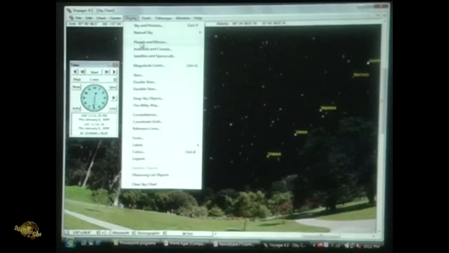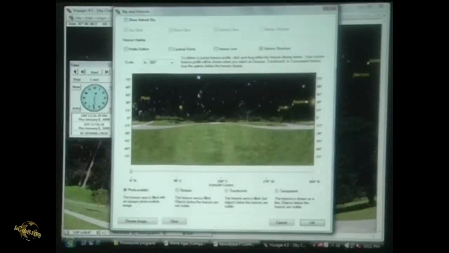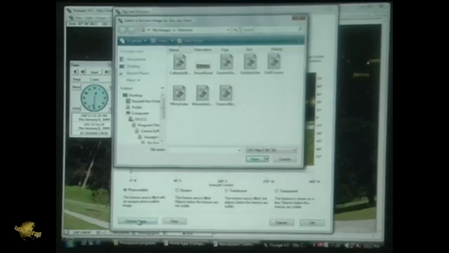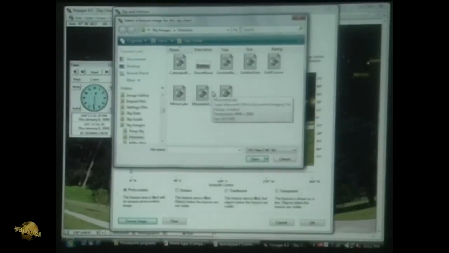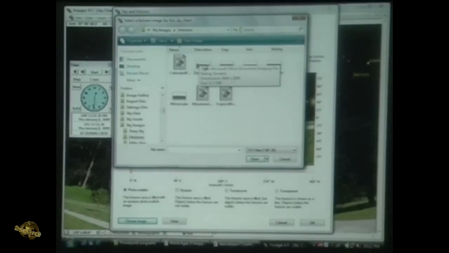Okay, display, sky and horizon, let's get a different one up there. How about desert road? Should we go into desert, or should we go on a mirrored lake, or a mountain lake, or a tropical beach? Mountain lake. Desert rose. Let's go to the desert.